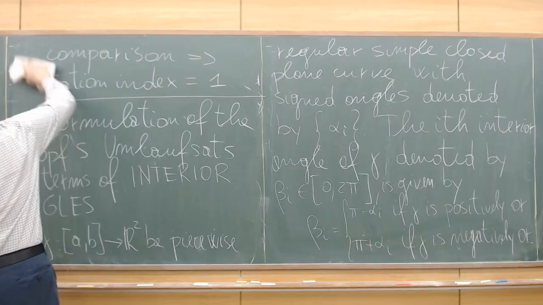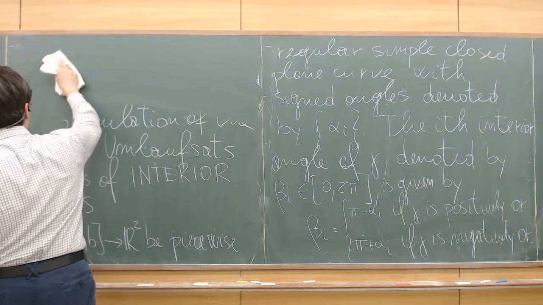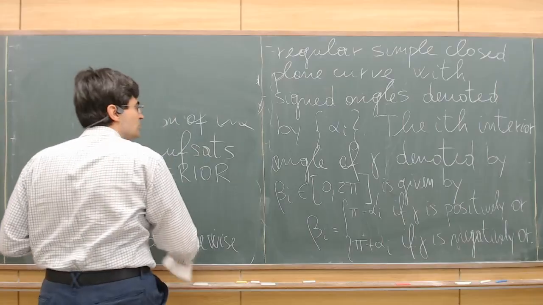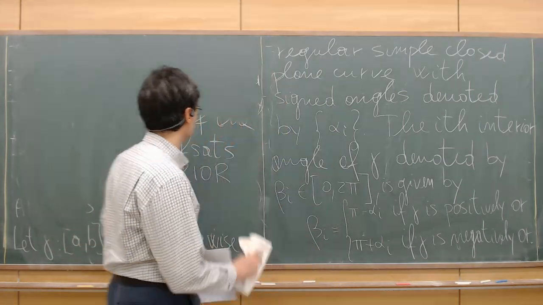Now let's see how the theorem looks like if instead of using alpha I we use beta I.